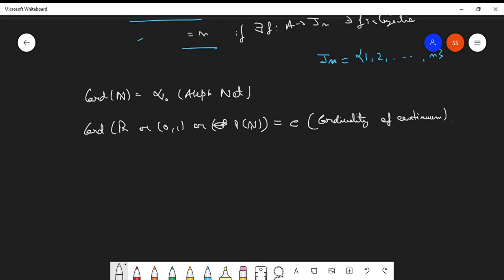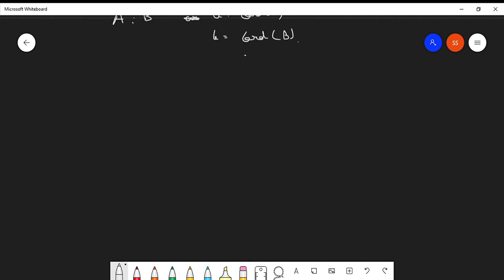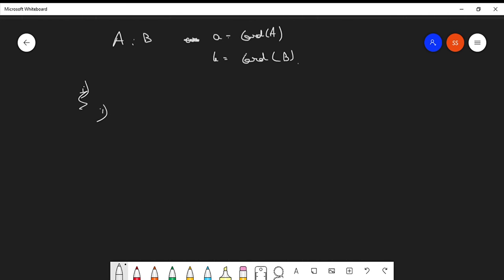Now let's see something. You have two sets A and B, with small a the cardinal number of capital A and small b the cardinal number of capital B. Then you can impose a relation on these cardinal numbers. a equals b implies that A is numerically equivalent to B. If a is less than or equal to b, then A is dominated by B, and the reverse is also true.